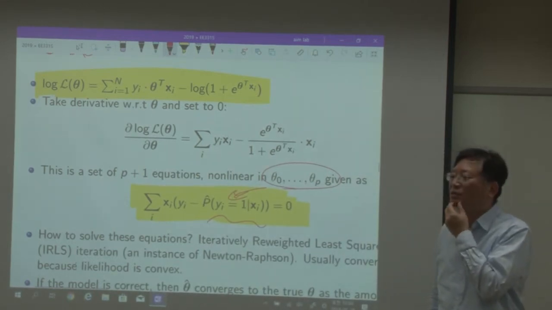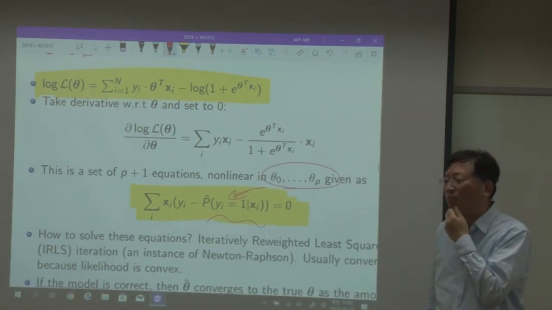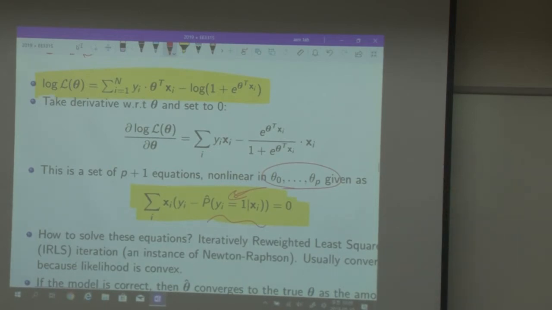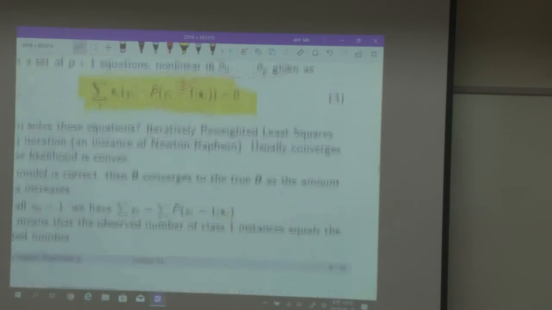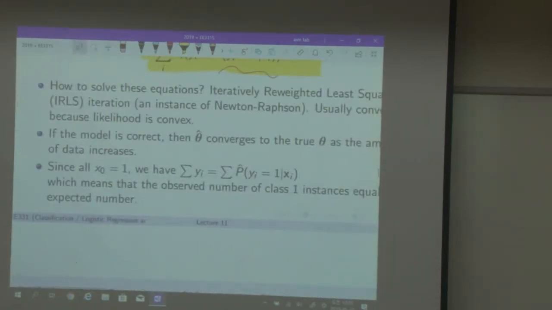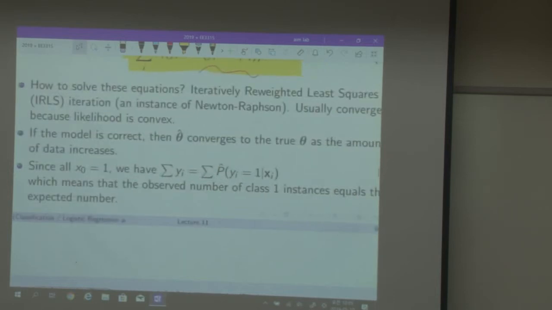Very difficult to get an explicit form. And you solve this by some iterative reweighting equation method called the Newton-Raphson.